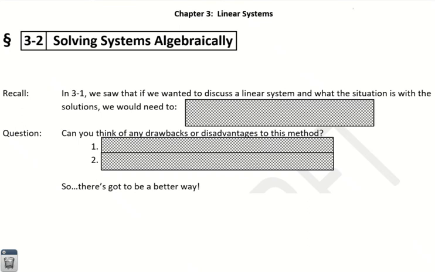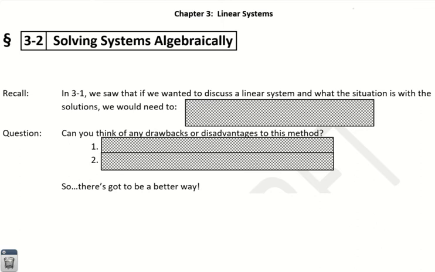Section 3-2 is now going to be called Solving Systems Algebraically, which follows up perfectly from section 3.1.